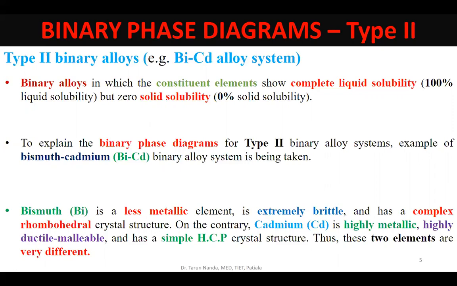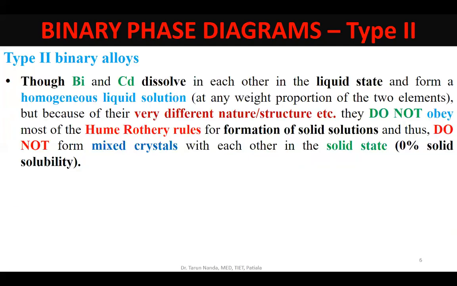So they are material systems which show complete liquid solubility. That is something strange, that in the molten state, they can mix and form a homogeneous liquid solution irrespective of the weight ratio in which they have been taken. But when it comes to remaining mixed with each other in the solid state, they behave very miserably.